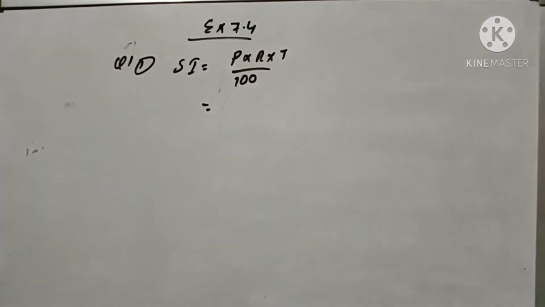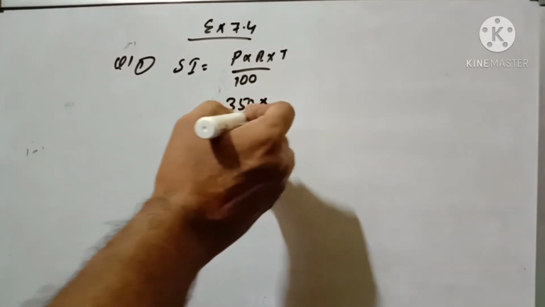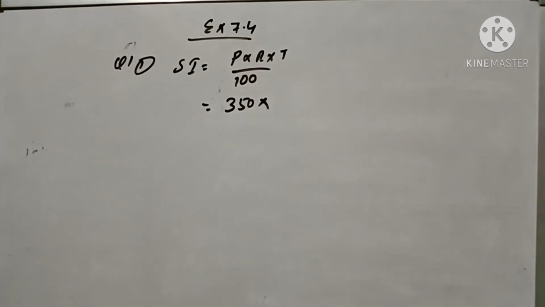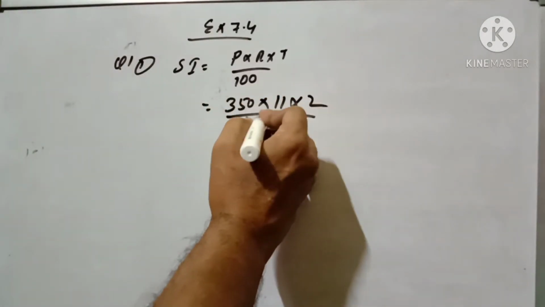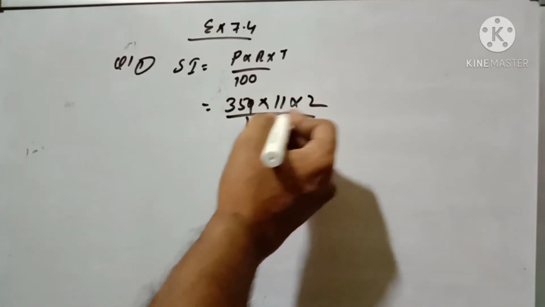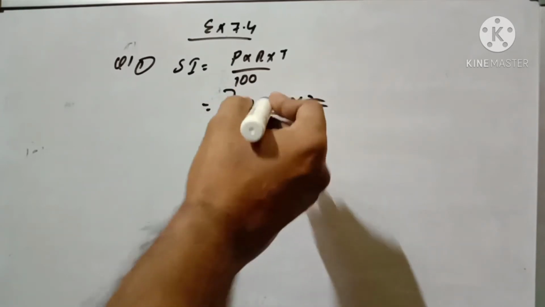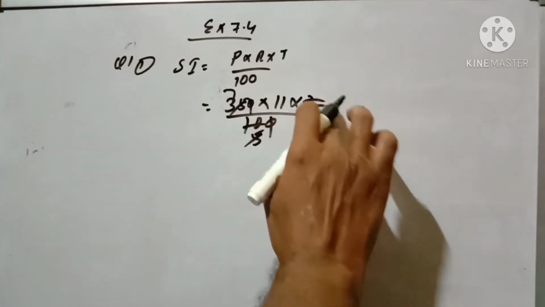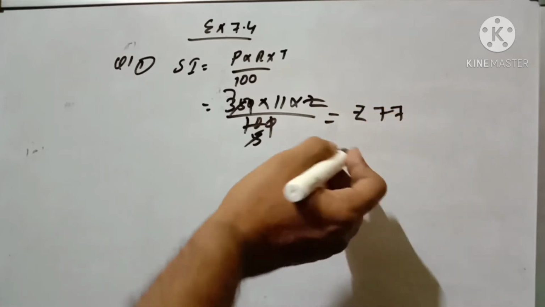So P is 350, R is 11%, and time is 2 years, divided by 100. This 0 is gone, 7, so it will be rupees 77. This is our SI.